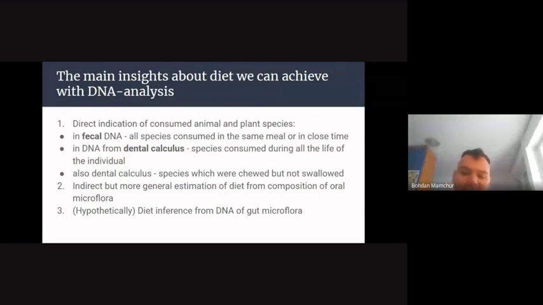To conclude, we can say that DNA is a very precise method which can work in different timescale frameworks, but it has one big problem. Poor, not contaminated DNA can be extracted from ancient bones very rarely, and from ancient dental calculus too.